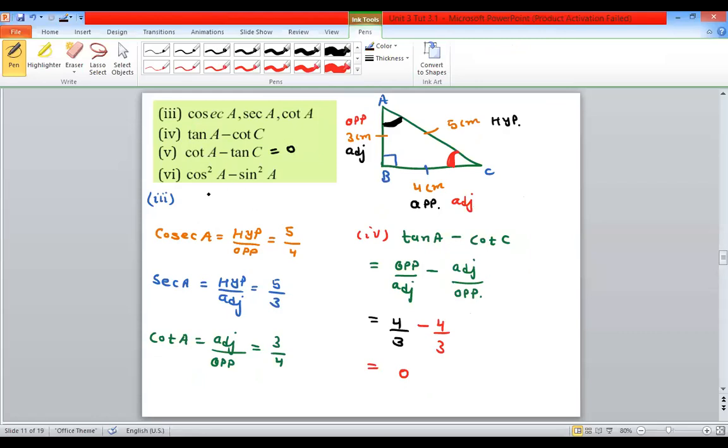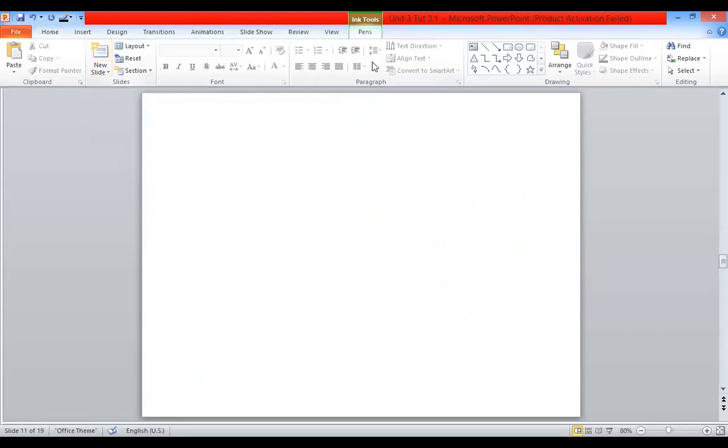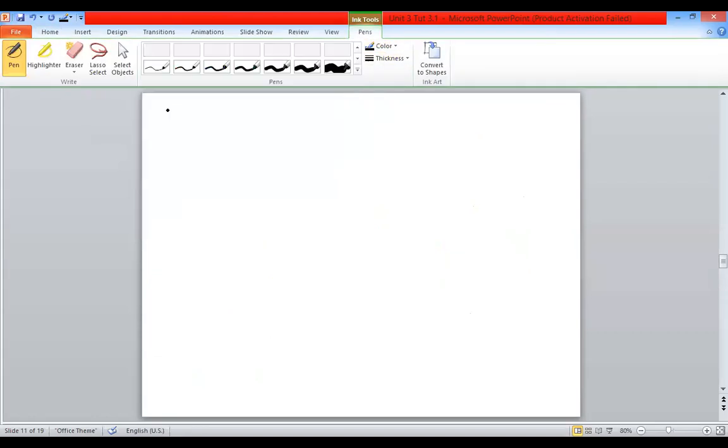The last, number 6, we can find the cosec square A minus sine square A. So let me find cosec square A minus sine square A. Last question for example 1. Sixth number, cos square A minus sine square A. So this is your triangle.